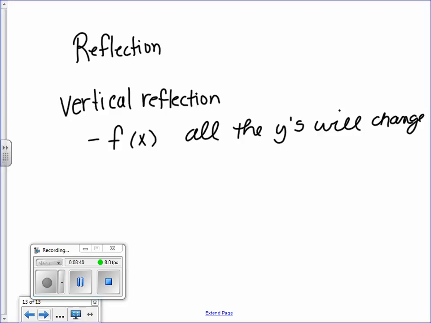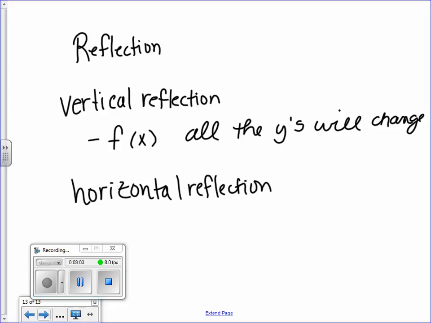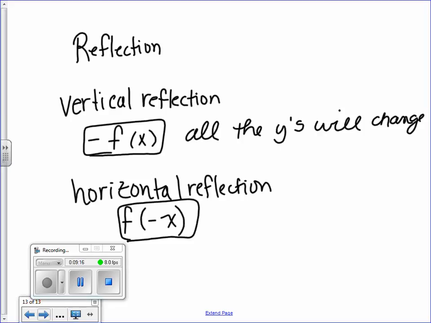So if you're reflecting it horizontally, which would be across the y-axis, the x's are changing. So instead of this, you want this. All the x's.